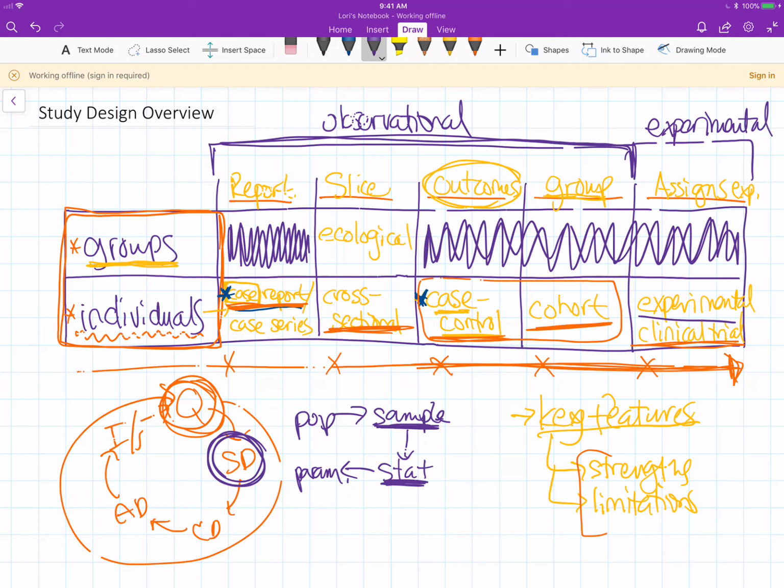These are kind of like the two big categories of study designs, observational and experimental. Experimental means I assign you to be exposed to something. Observational, I'm just watching what happens when you pick your own thing. You assign yourself. You choose what you're going to have for breakfast, or whether you exercise, or what job you have, or those kinds of things. So observational, I'm observing what's happening out there. Experimental, the researcher is assigning people to have a specific exposure.